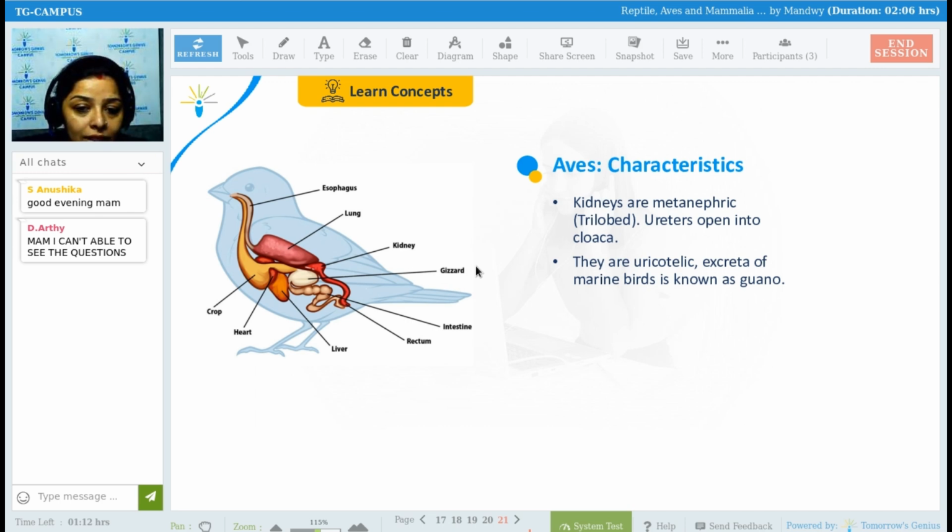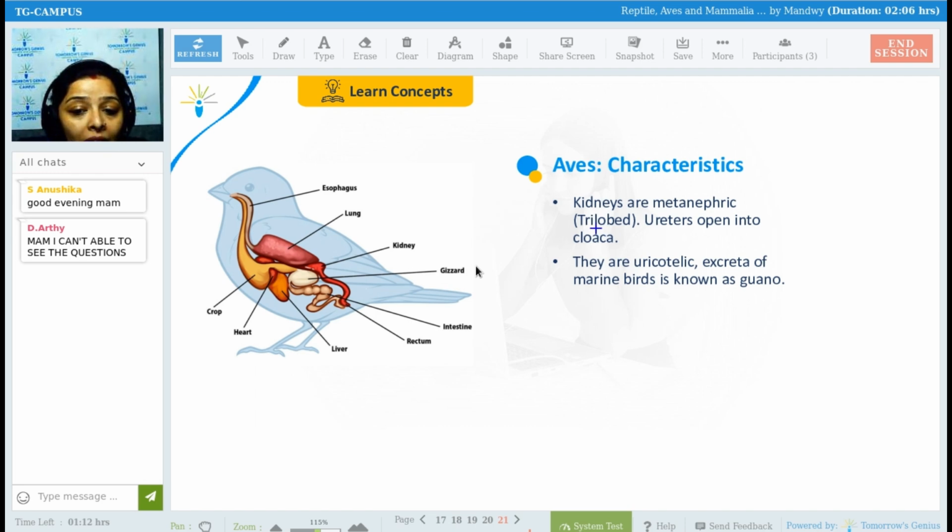Now let's see the excretion. As they are quite well developed, much evolved organisms, they have a metanephric kidney. The word metanephric is for the nephron.